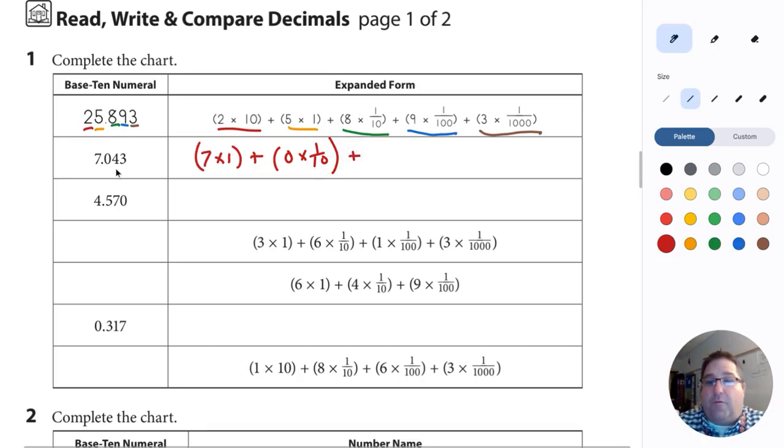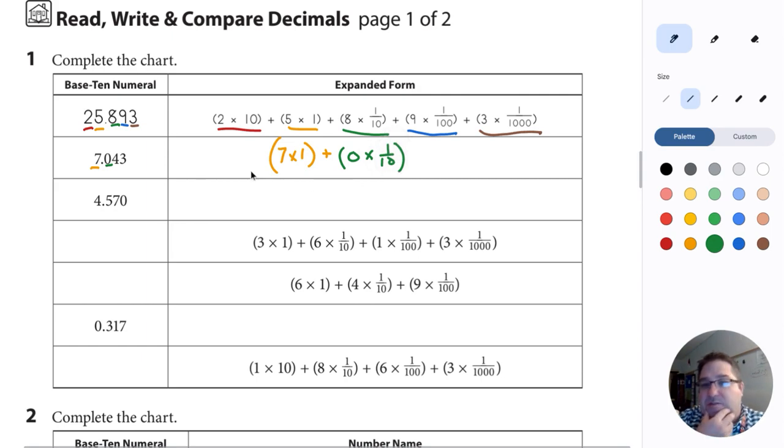4 times 1 hundredth, right? Tell you what, let's keep the same color going. What did we do for ones? That was yellow. So again, the 7 times 1, that's how it got us to 7. And then I'm going to put 0 times 1/10. You don't have to write it, but if you want to just think about what that 0 represents as 0 times 1/10, then what's the next?